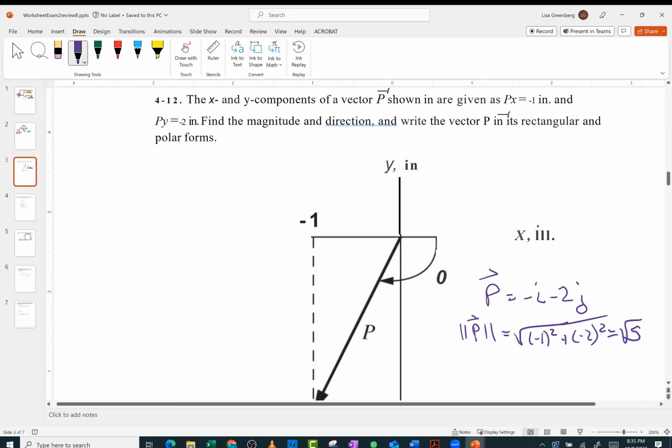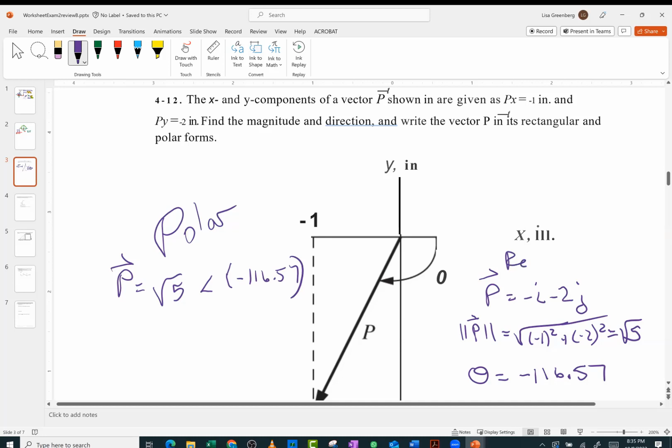So we need polar. So we have rectangular, and our angle is negative 116.57. So in polar, it would be square root of 5 at an angle of negative 116.57.